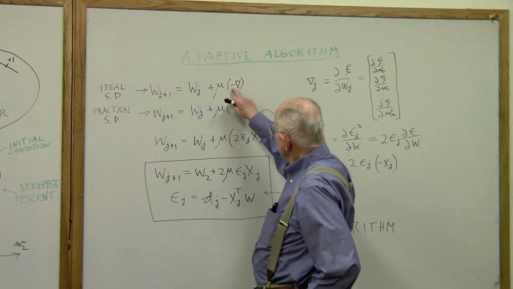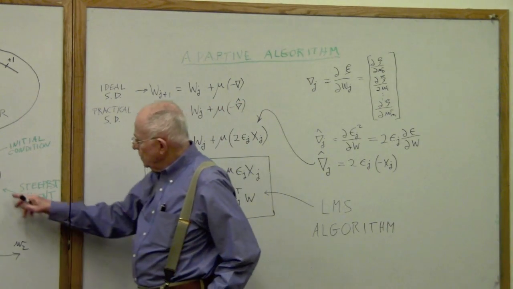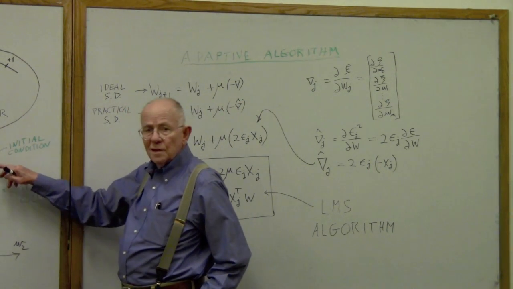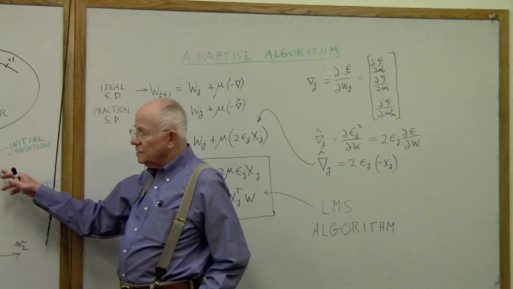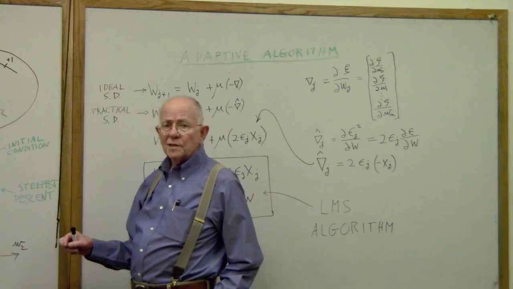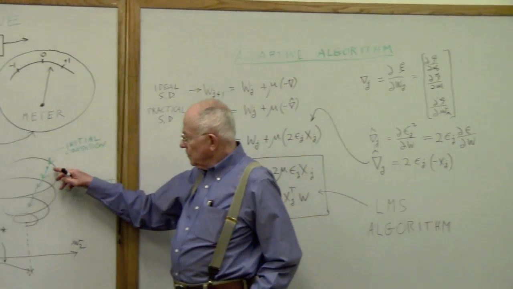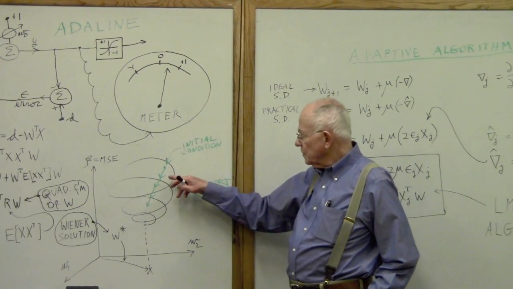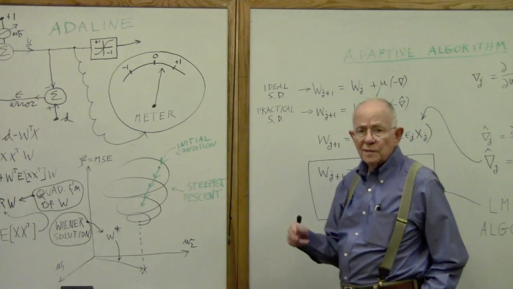Now, this requires that you have the gradient. In order to get the gradient, you'd have to measure it, and you'd have to take measurements of that surface. That surface is based on data, and unless you make an infinite number of measurements of the gradient, you're not going to get an exact measure of it. So typically, you're going to be dealing with a gradient estimate based on a finite amount of data.